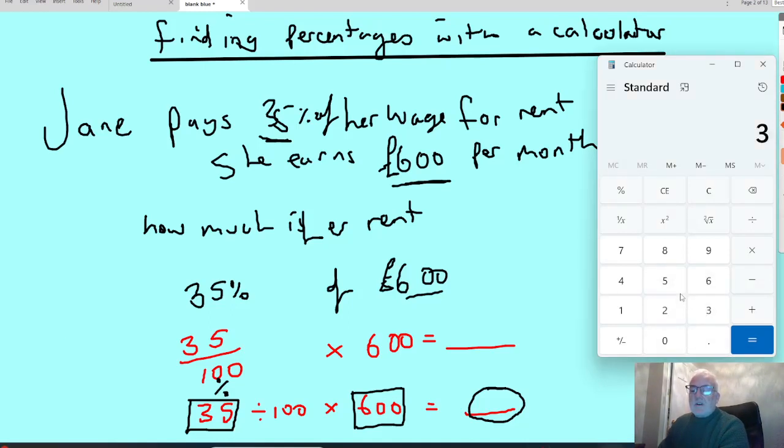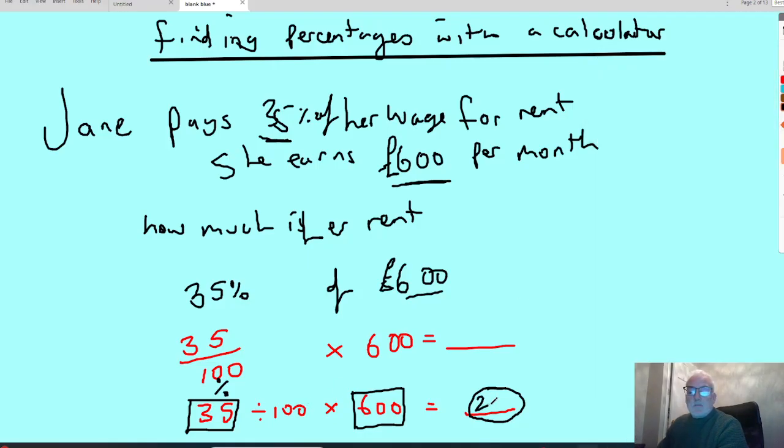So we've got 35 divided by 100 multiplied by 600 equals. You can see on the screen we've got 210. So she'll pay £210 in rent.